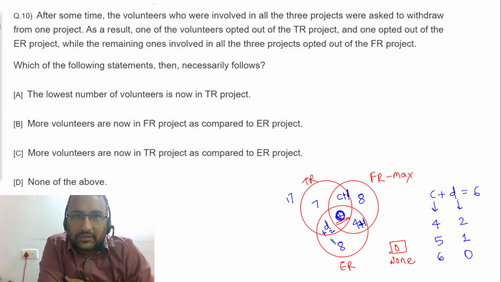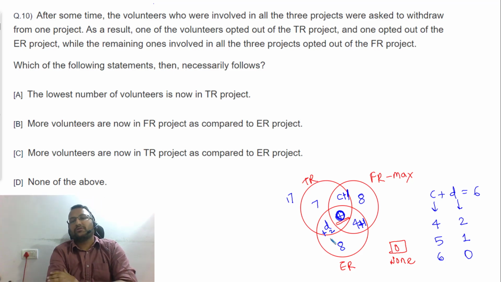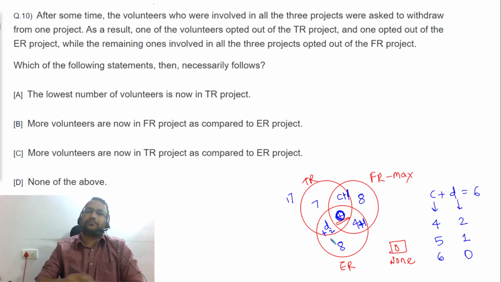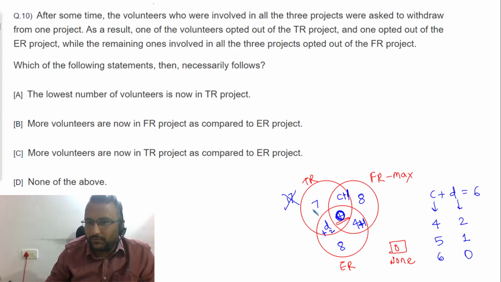So which of the following statements necessarily follows? The lowest number of volunteers now in the group TR. So hold on. After these changes, the total number of people in TR becomes how much? C plus D, it will still be 6. Is it 6 or not? You can cross check.